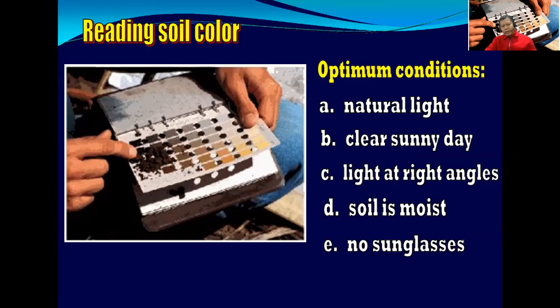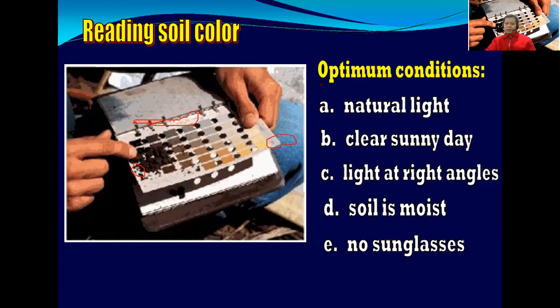Then after doing so i-take niya kung ano ba ang hue, value, at chroma nito. Okay? So tapos isusulat kung ano yung color ng soil. So very specific and very precise yung description ng color sa soil.